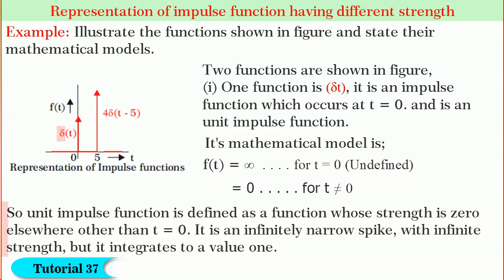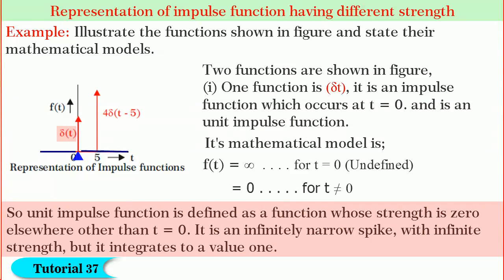So, this unit impulse function can be defined as a function whose strength is 0 elsewhere other than t is equal to 0. It is an infinitely narrow spike with infinite strength but integrates to a value 1.